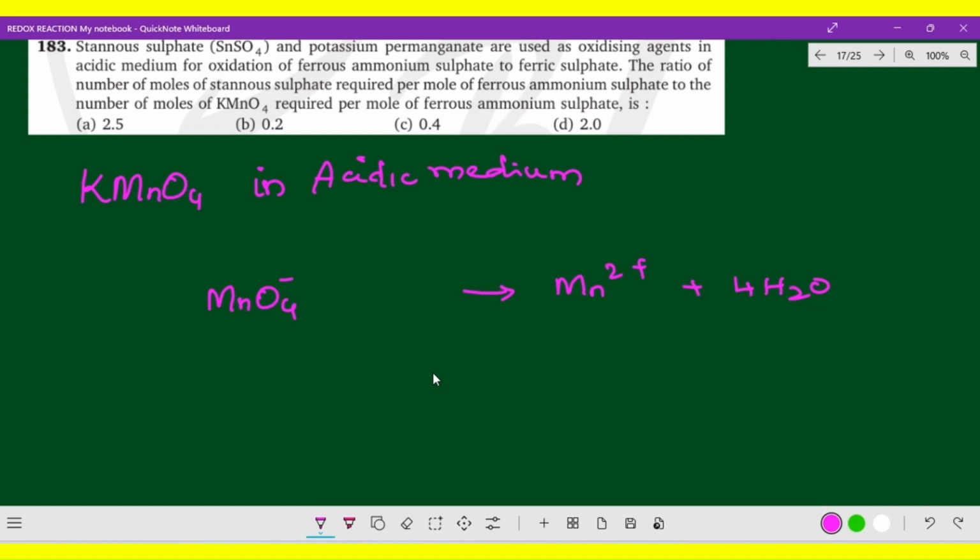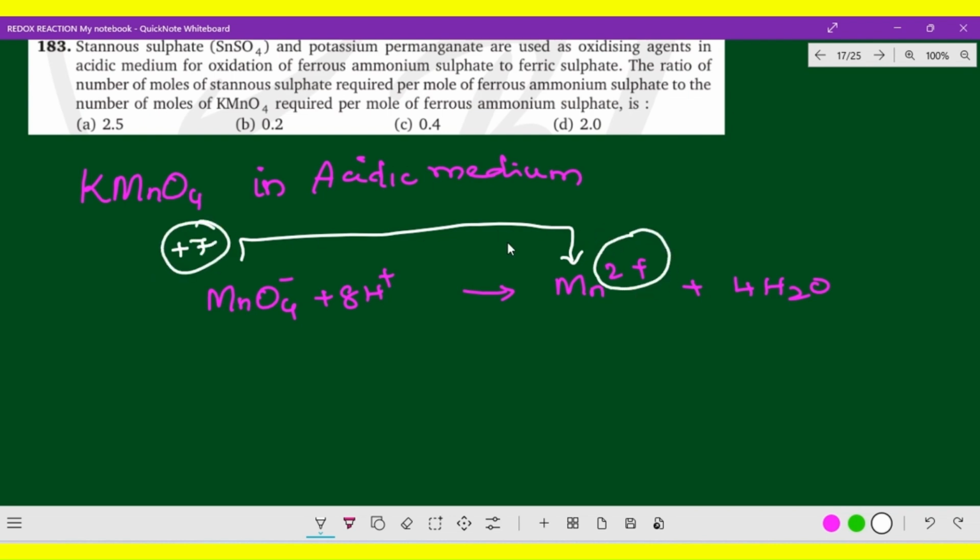This you know very well: however many oxygens, that many water molecules, and however many hydrogens, that many H plus ions. And how many electrons change? The oxidation number goes from plus 7 to plus 2, so that means 5 electron change. So the N factor is 5.